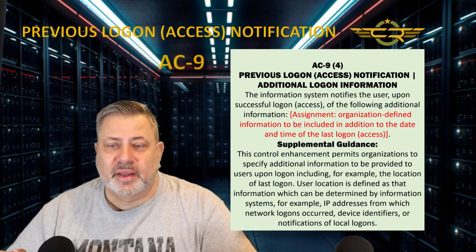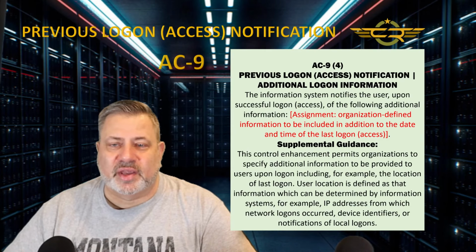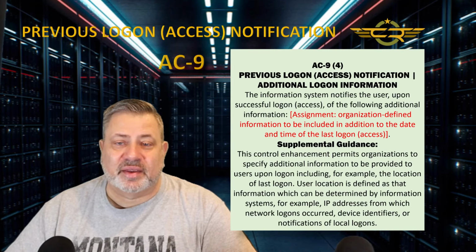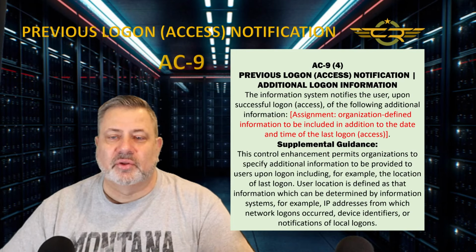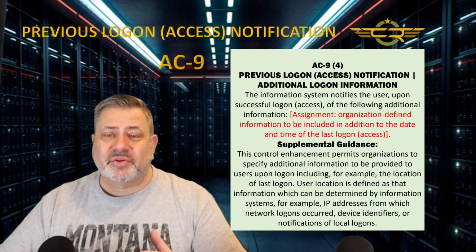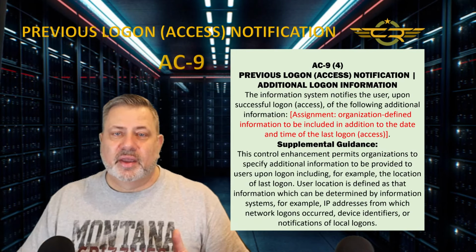User location is defined as that information which can be determined upon information system, for example, IP address for which the logon access occurred, device identifiers, or notifications of local logons. A lot of stuff there, but we're just saying we want to give the organization the ability to add other information to this logon notification.